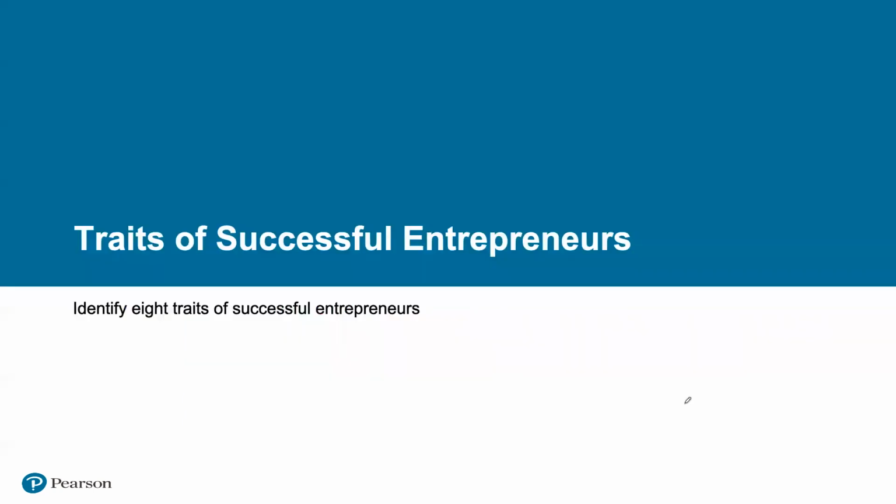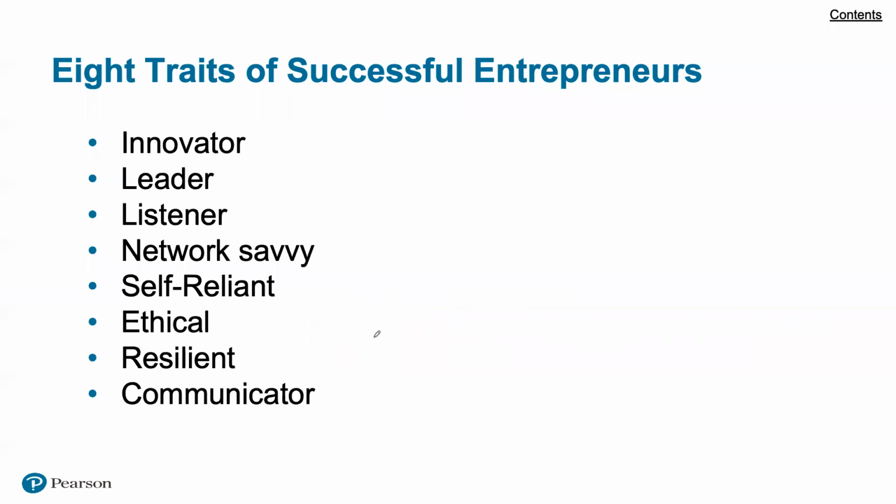So what are the traits of a successful entrepreneur? We'll talk about eight traits of successful entrepreneurs here, and also in the textbook, we'll get some more details about that. A successful entrepreneur is an innovator, able to come up with new ideas. They're a leader, and so people will want to follow. They're an effective leader. They know how to actively listen to what people are saying. They're network savvy.